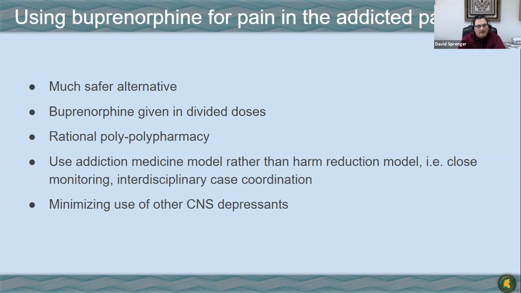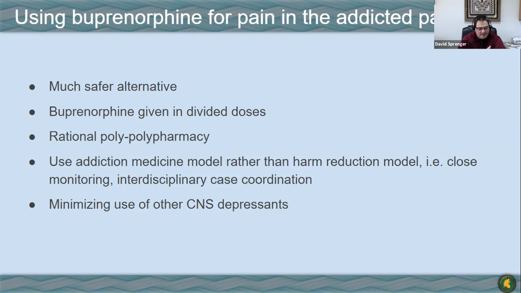Rational polypharmacy. We'll talk a little bit about the adjunctive medications. Use of an addiction medicine model rather than a harm reduction model. And what I mean by that is monitoring them closely, using interdisciplinary case coordination, taking a harder line on the use of other substances.